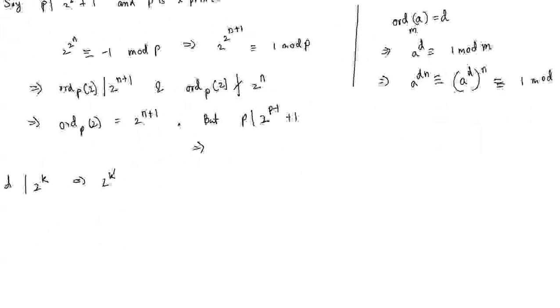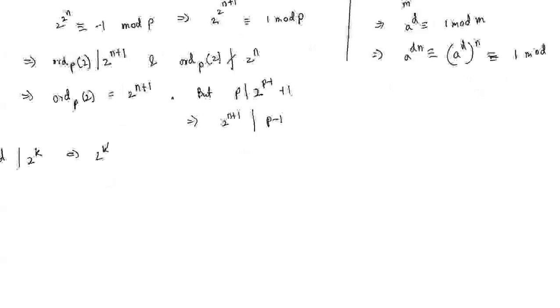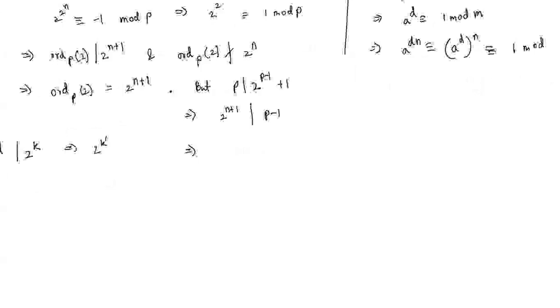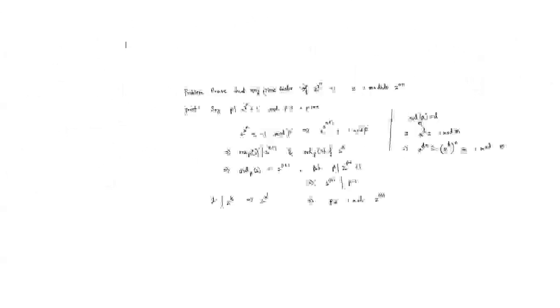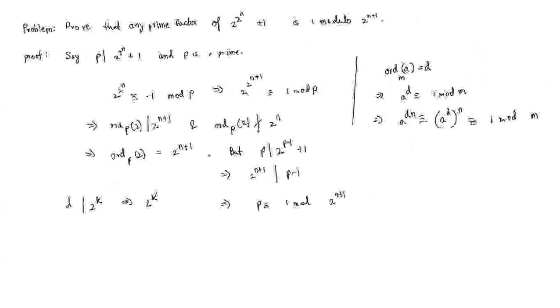So the order, which is 2 to the power n plus 1, divides p minus 1, which implies p is congruent to 1 mod 2 to the power n plus 1. And we are done. We use the same kind of idea for Fermat's Christmas theorem, I think.